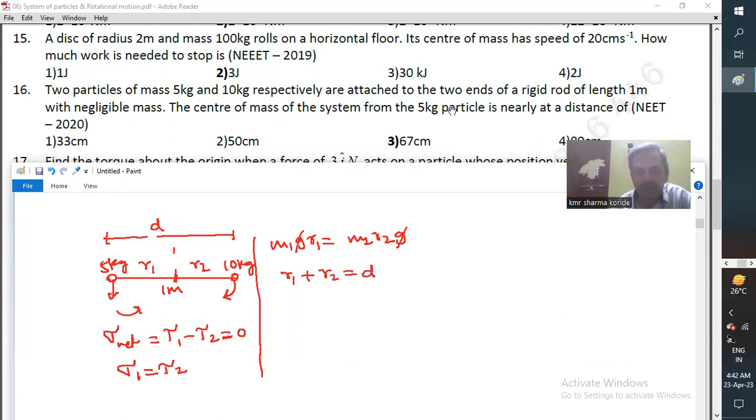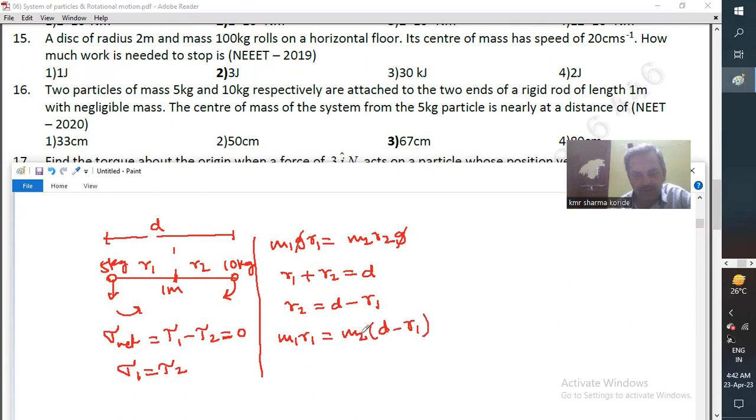So the question is to find the distance from the 5 kg mass. Therefore, we need to find R1. To get R1, you replace R2 with D minus R1. So M1 R1 is equal to M2 of D minus R1.